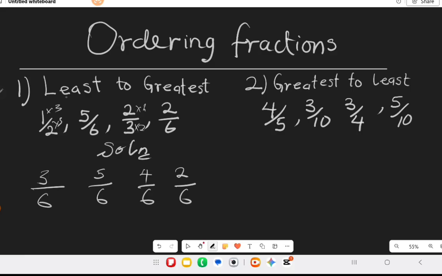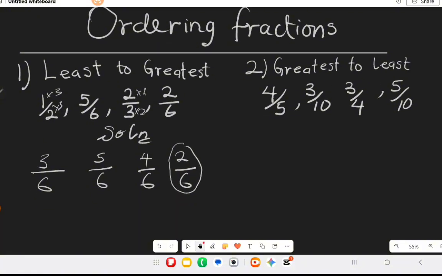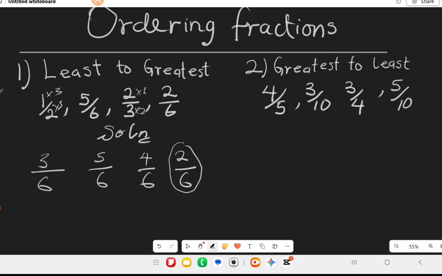Now, what we do next, we compare the numerators. The option here says least to the greatest. The lowest numerator is this, so we have 2 over 6. Then the next one is 3 over 6, and for 3 over 6 we retain the original question, which is 1 over 2.